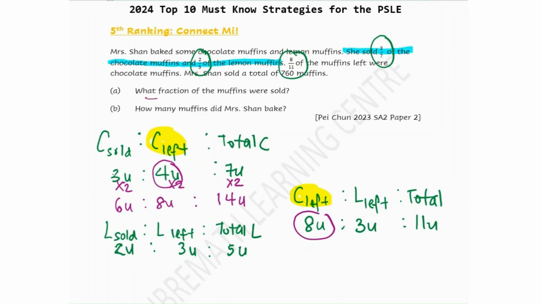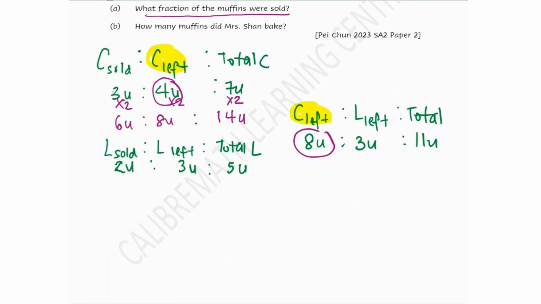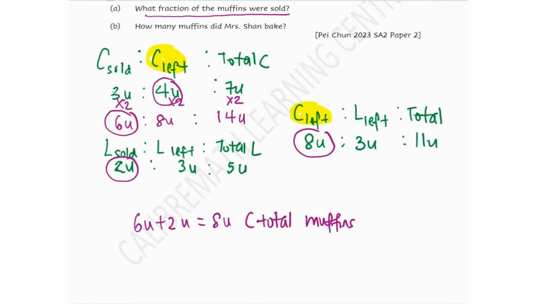What fraction of the muffins were sold? So to find the muffins that were sold, we can focus on the chocolate sold and the lemon sold. So 6 units plus 2 units will give us the total muffins that were sold. Let's label that total muffins sold.